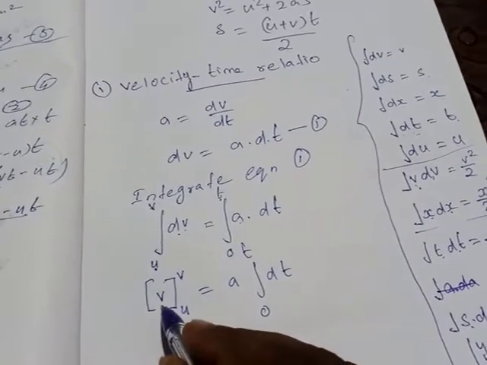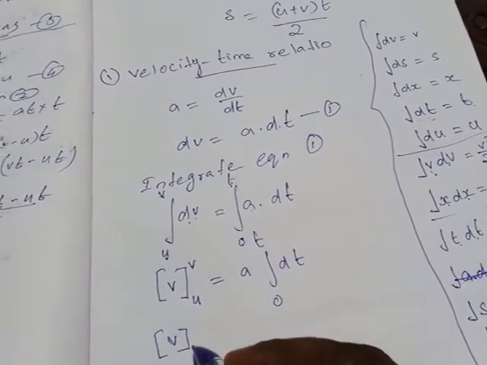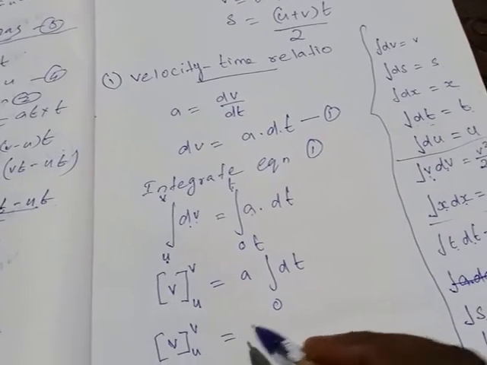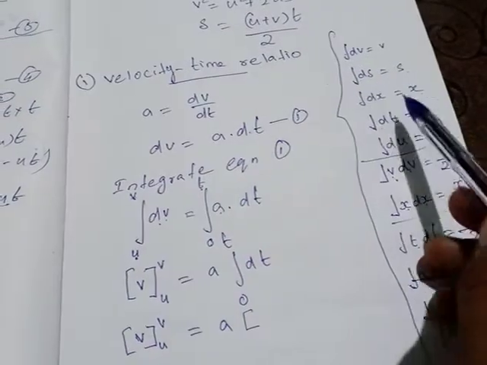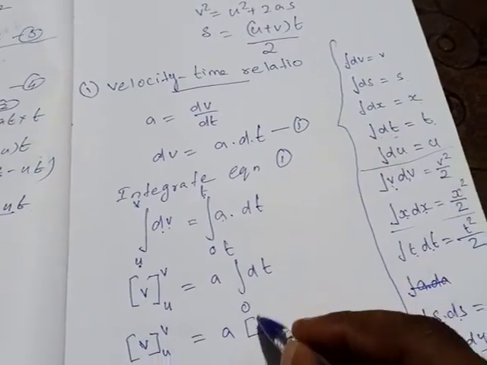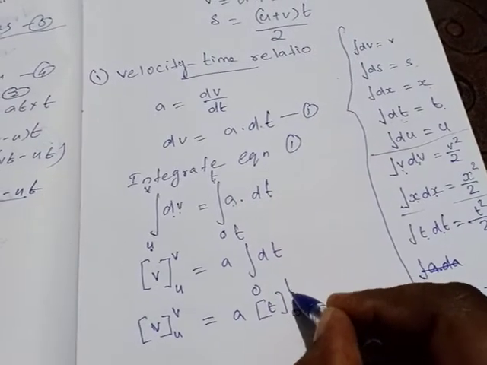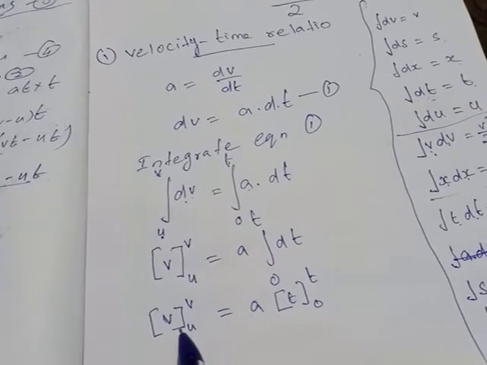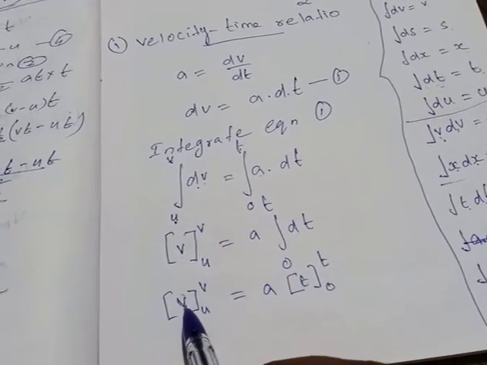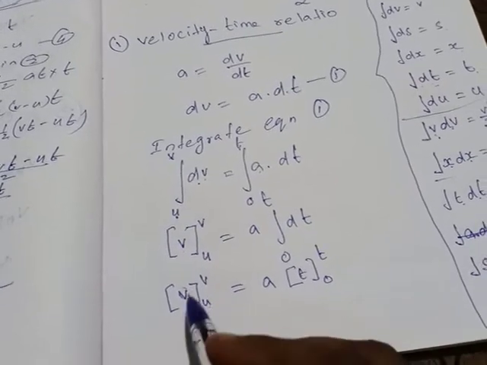So [v] from u to v is equal to a times the integration of dt, which is t, with lower and upper limits. Now applying the limits: upper limit minus lower limit.